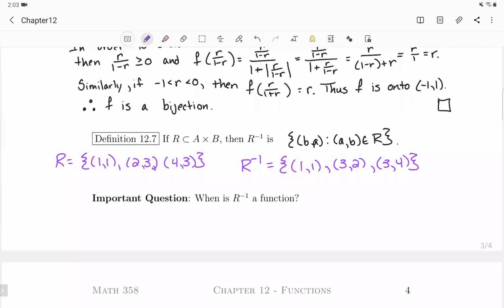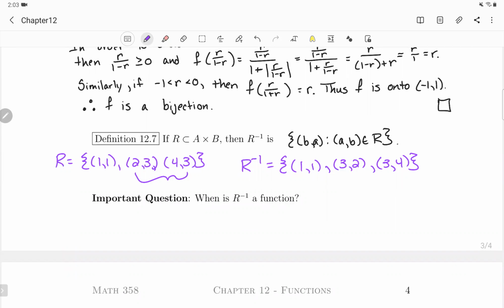R is a function because given an input 1, 2, or 4, you know exactly what to output. What about R inverse? No, that 3 messes it up. If I give you a 3, you say, oh, I can output 2 or 4. So what will it take for R inverse to be a function?